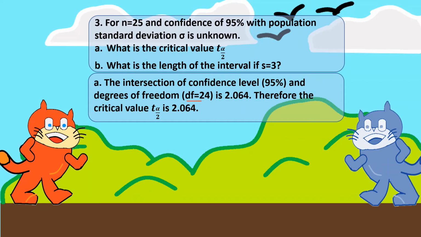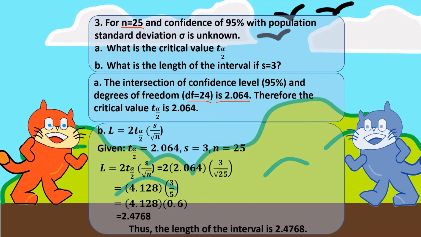Our degrees of freedom is 24 because degrees of freedom is n minus 1, so 25 minus 1 is 24. Based on the t-table, the answer is 2.064. Therefore, the critical value of t is 2.064. For letter B, using the formula L equals 2 times the critical value of t times s, which is the sample standard deviation, over the square root of n.